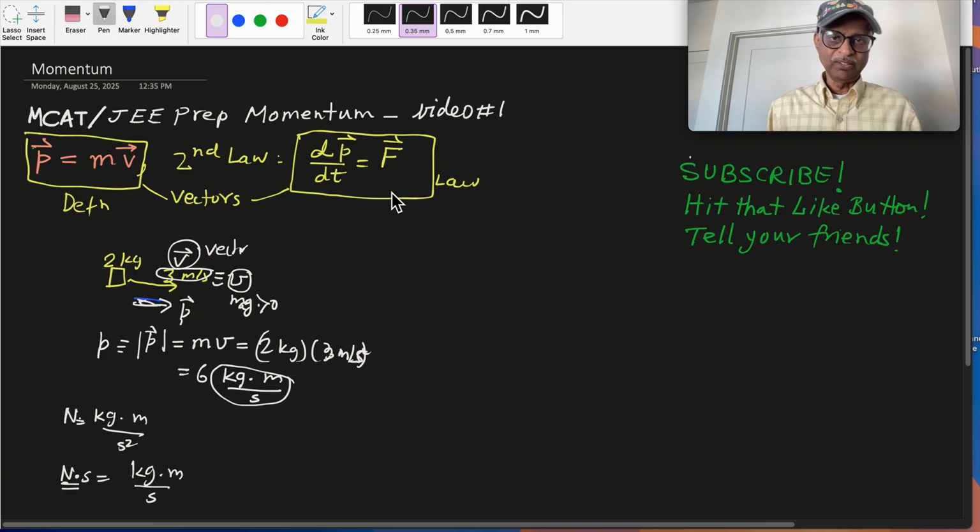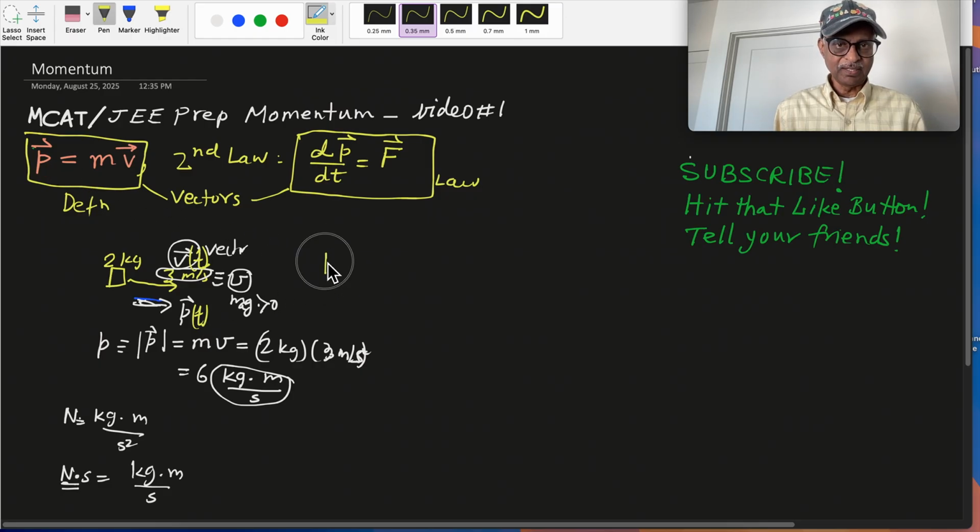Let's do a little bit of math with the momentum. This is the second law. This whole thing can be thought of as a vector that will have time dependence, so this will be time dependent. What this is at an instant t: p at t is the mass at that instant times the velocity at that instant.